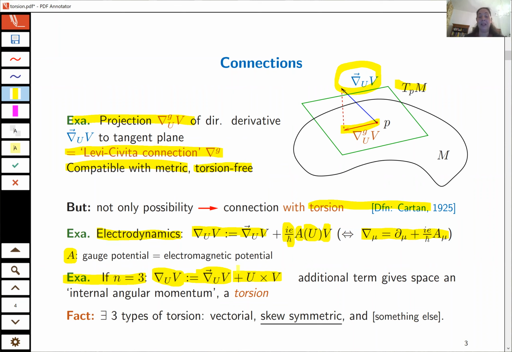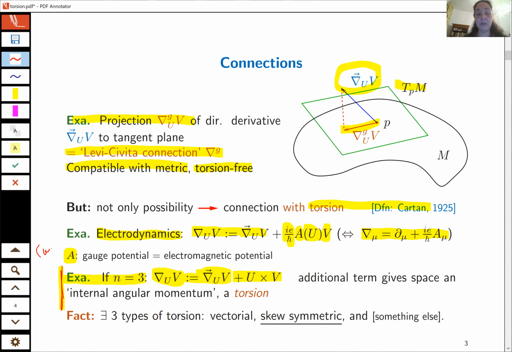And then the funny thing is that, as a nice exercise for a calculus class actually, you can check that this satisfies a product rule and all the things you would expect, except that for commuting vector fields, so vector fields which would be just derivatives in coordinate directions, you do not get that they commute as you would expect them to commute. But except for that, everything else works fine.